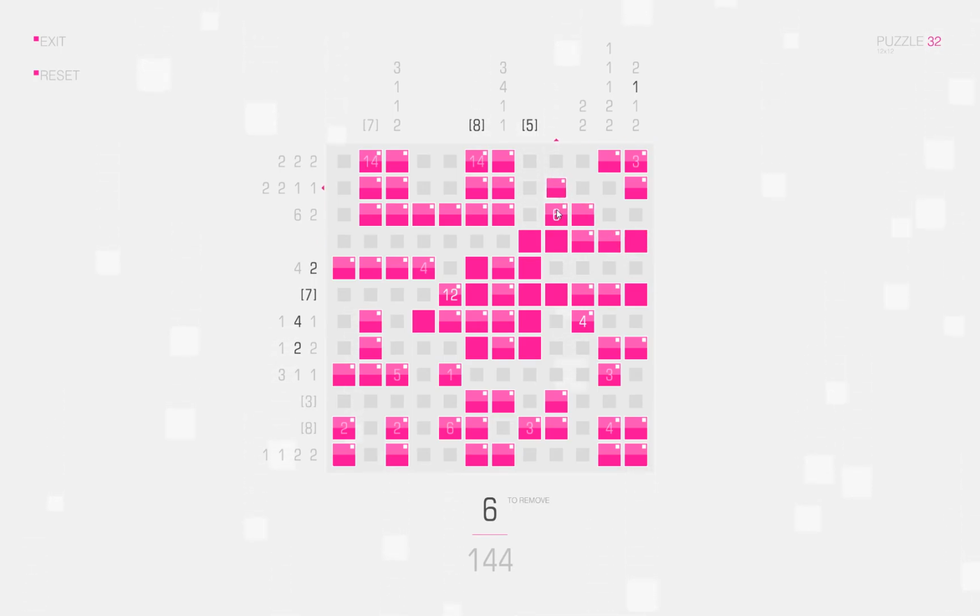Now the 6 could be 1, 2, 3, 4, 5, 6. Or it could go this way. But it cannot touch down here. But again, we also need 1 here for the 4 group, but it could go there. So this line says 1, 2, 3, 4, 5, 6, 7, 8.